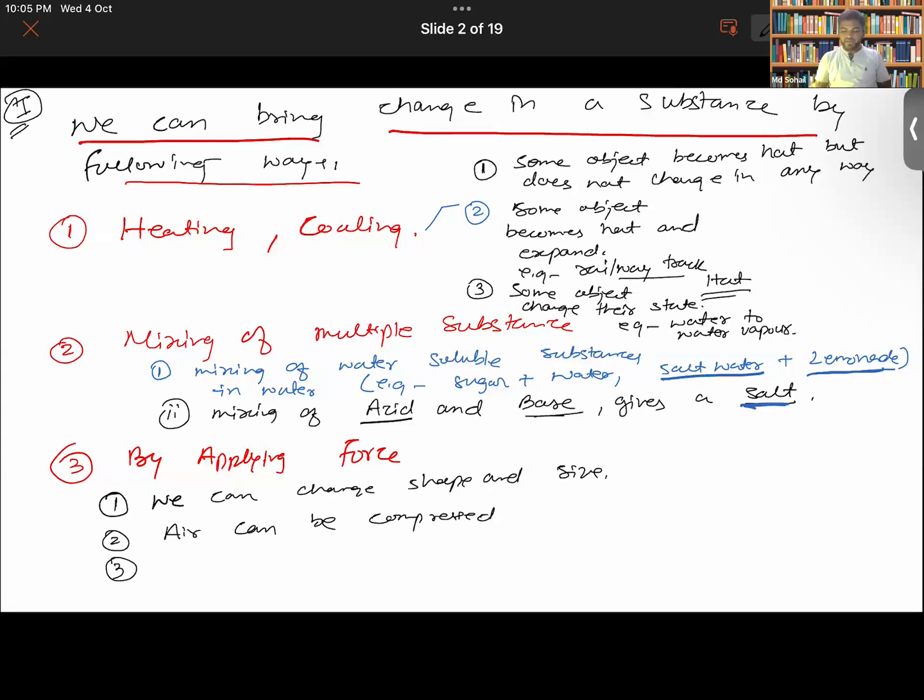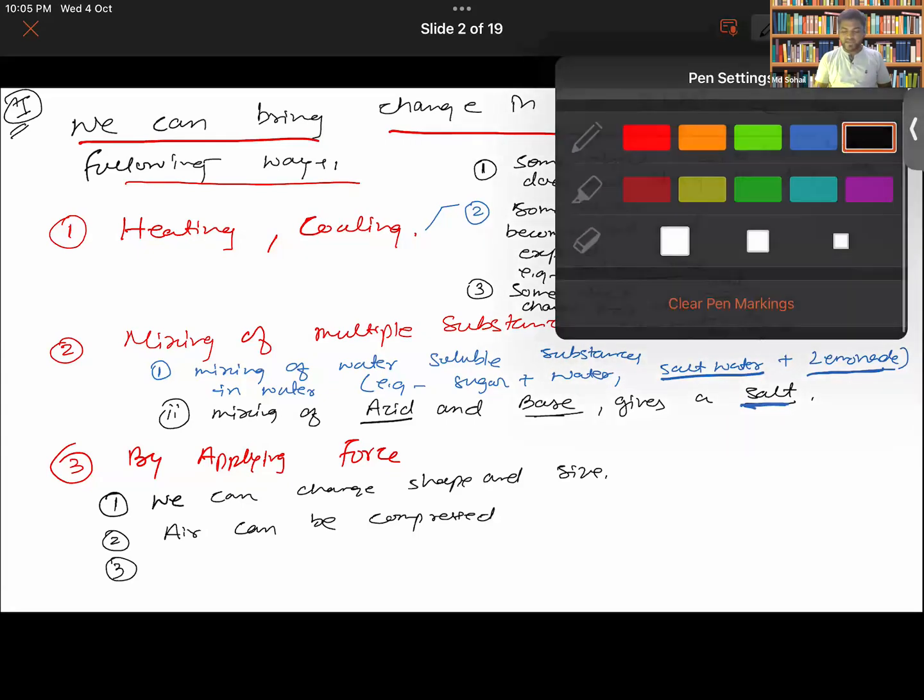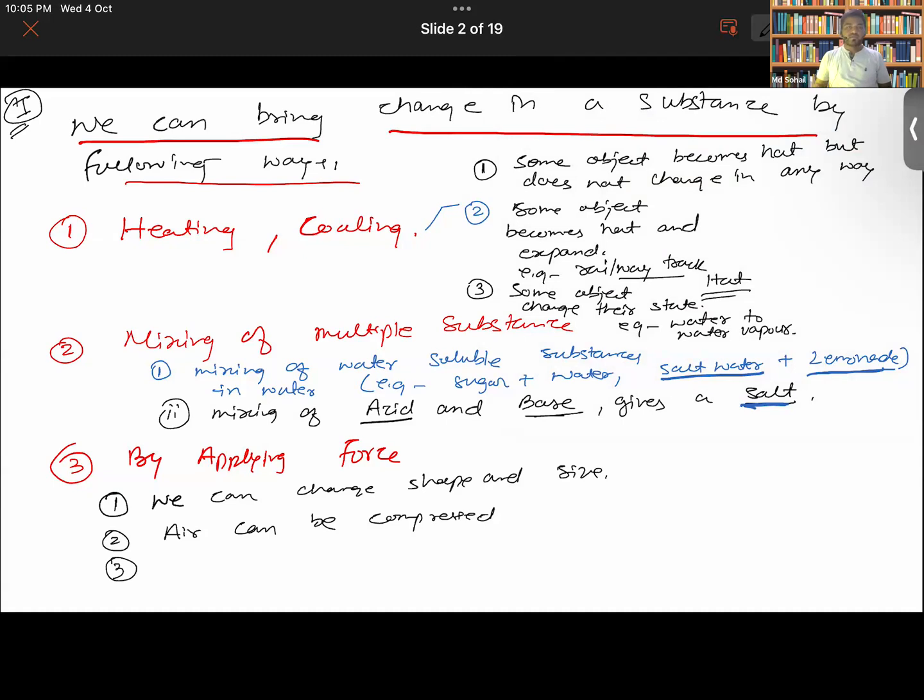Now, so air can be compressed, and by heating, metals can be hammered into sheets or drawn into wire.